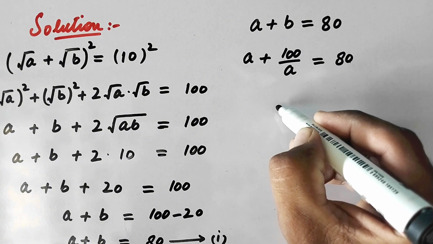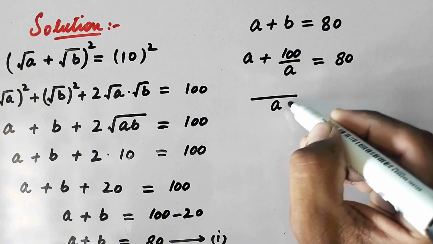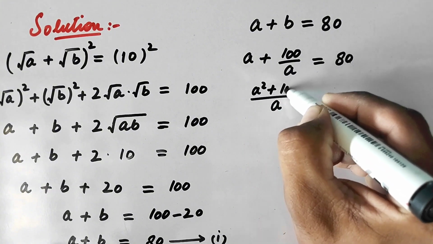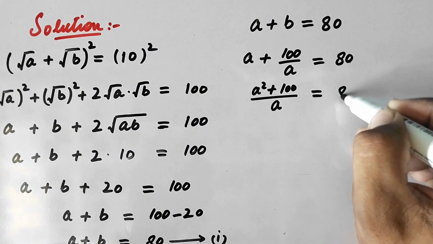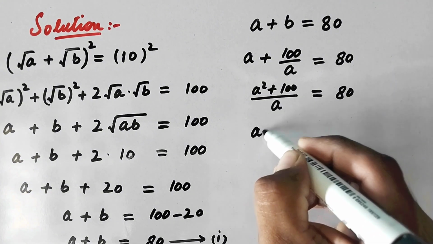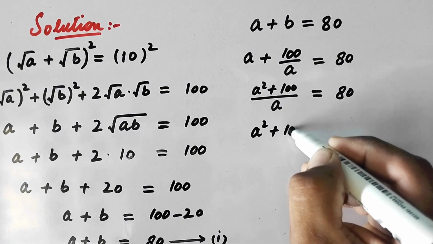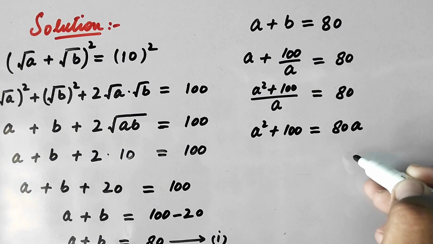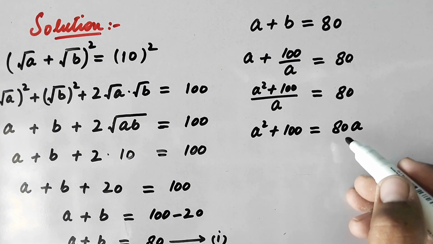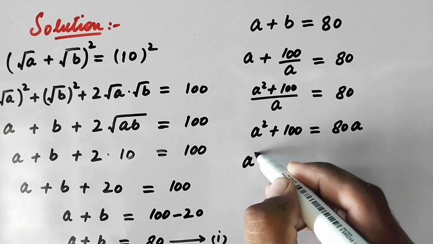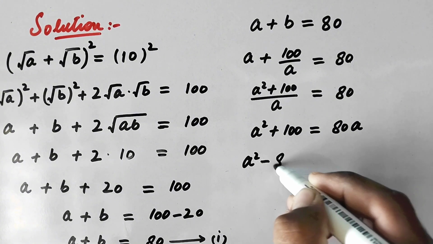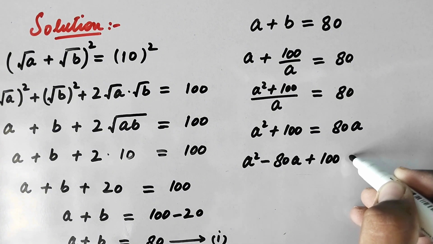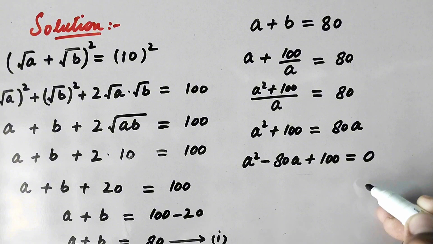So here LCM is a, so numerator will be a square plus 100 equal to 80 times a, and now this implies that a square minus 80a plus 100 is equal to 0.